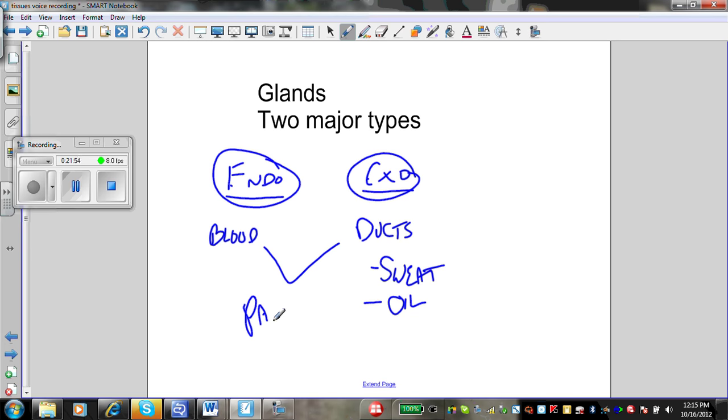So the pancreas actually secretes into the blood, like insulin or glucagon into the blood. And in ducts, it'll secrete digestive enzymes into the small intestine.